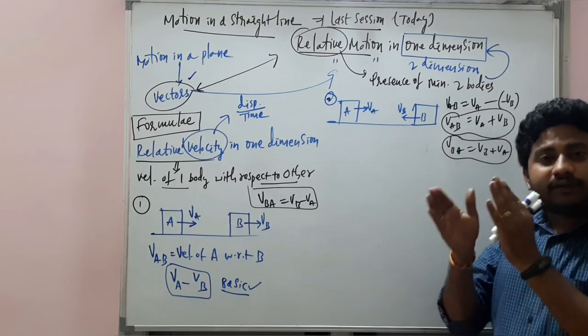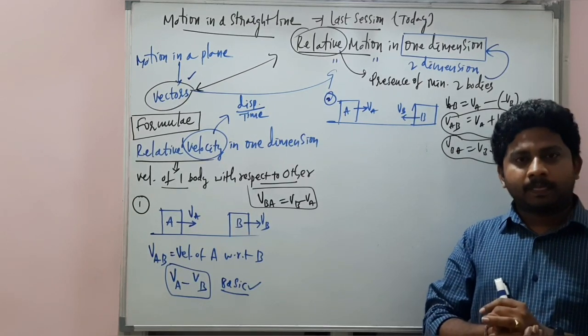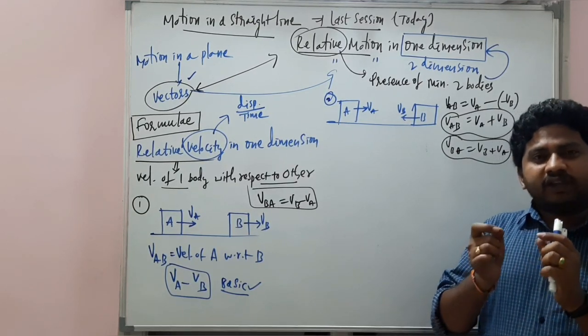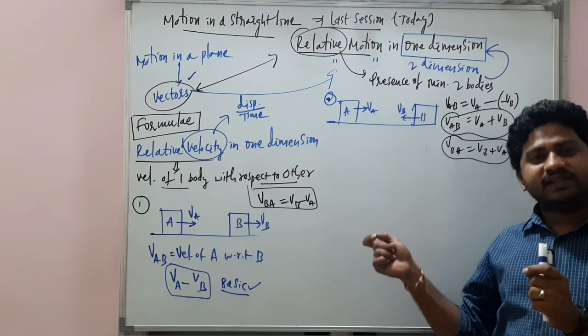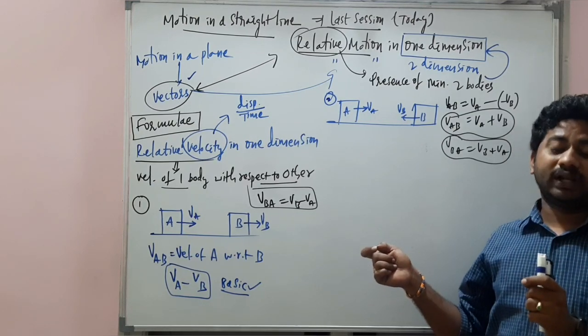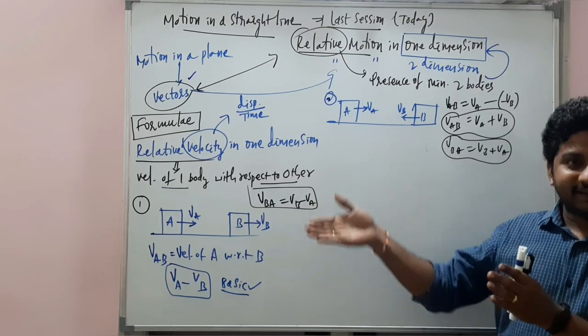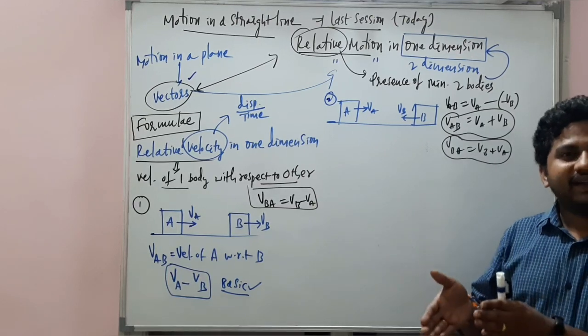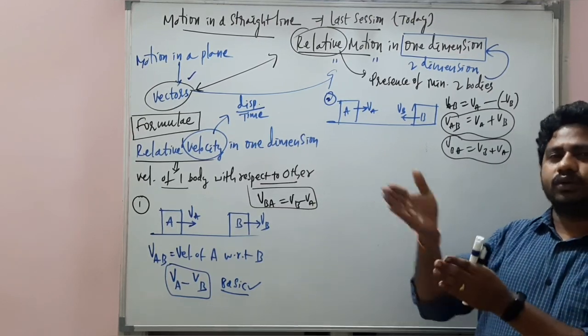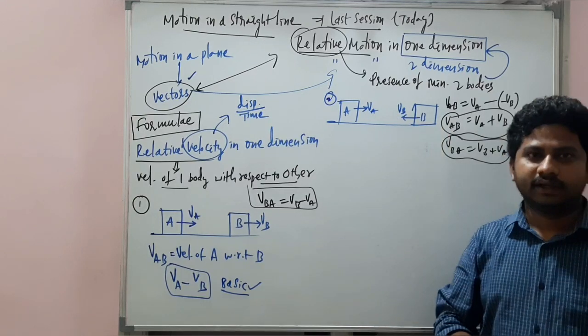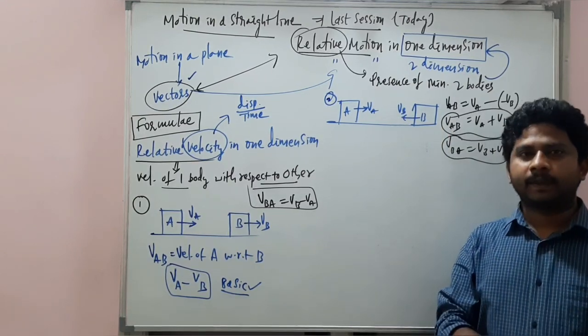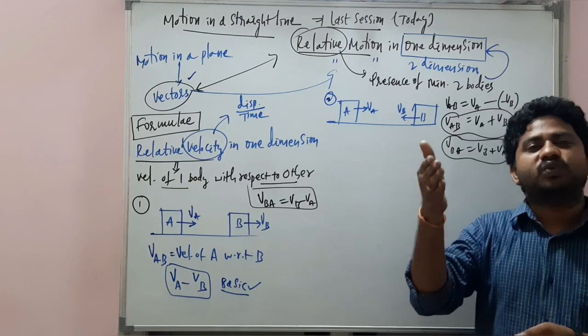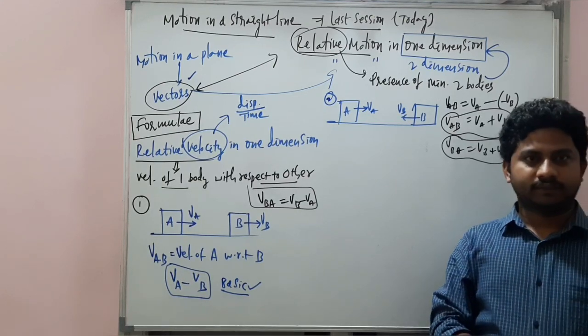When you are moving in a train, if you find another train just beside you, moving in the same direction, what do you feel? You will feel that the other train is moving slowly.